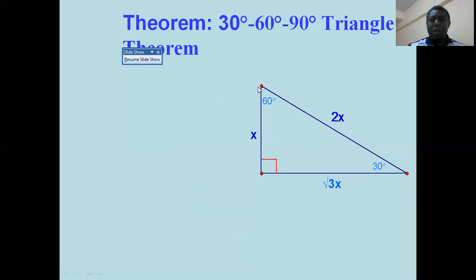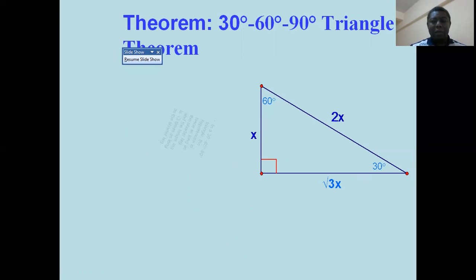In this triangle, the hypotenuse, which is the longest side, is 2 times the length of the shortest leg, and the second longest leg of the triangle is square root of 3 times the length of the shortest leg. We are going to use this to solve problems that are based on this special triangle.